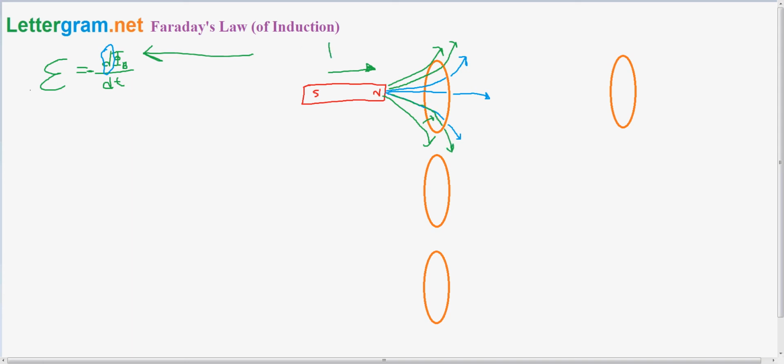So you'll have a positive change in flux, and you'll get a current being produced in this direction.